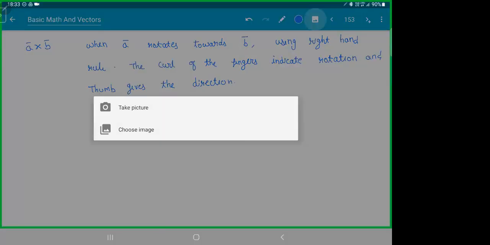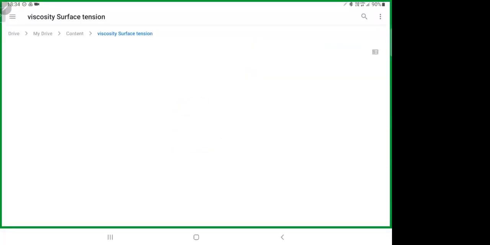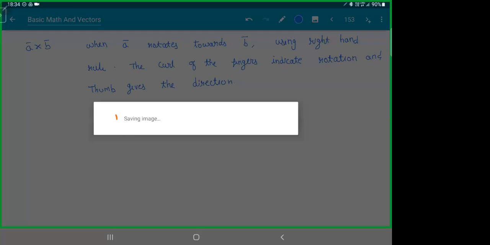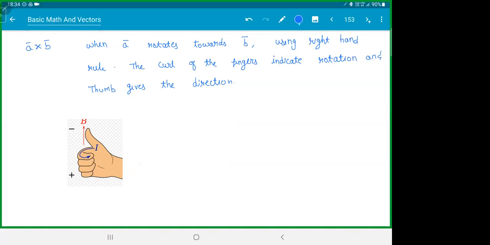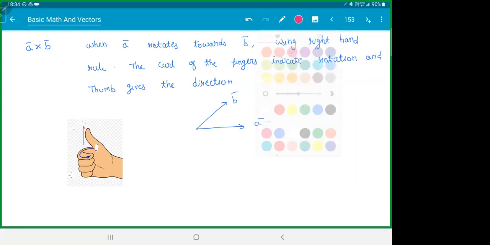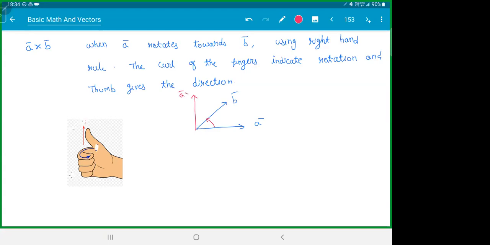So if this is A bar and this is B bar, and you rotate A towards B, your thumb will be pointing in the upward direction like this. This is A cross B bar. It is out of the plane.